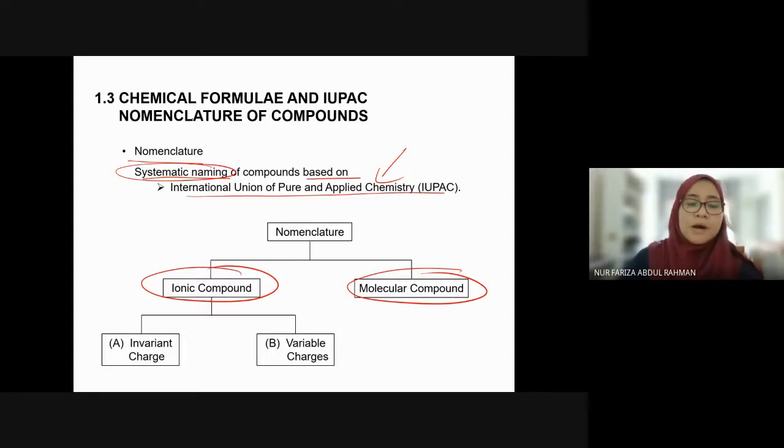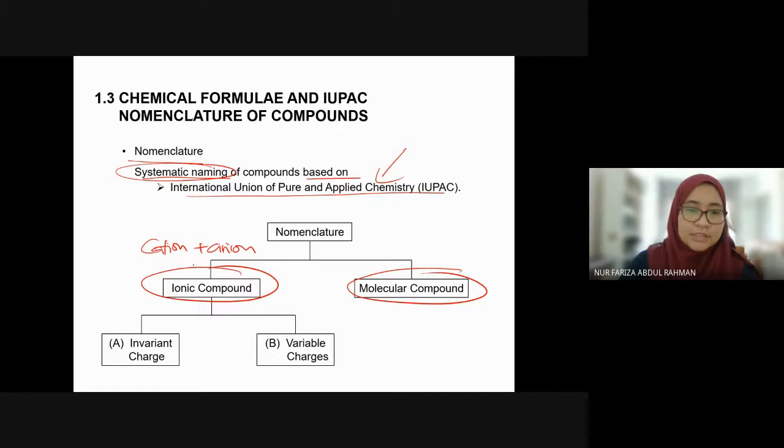So ionic compound is actually made up of cation plus anion. Some of you may define ionic compound as made up of metal and non-metal. It does not necessarily mean the cation must be a metal.